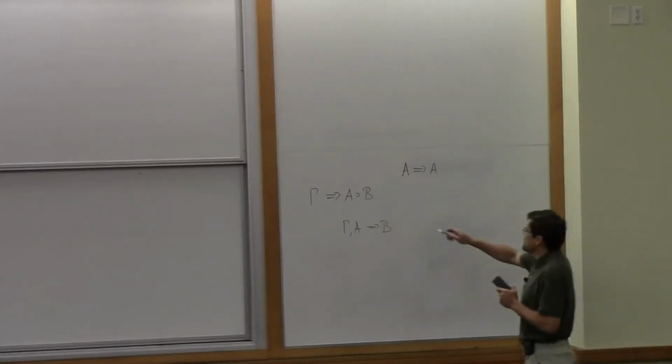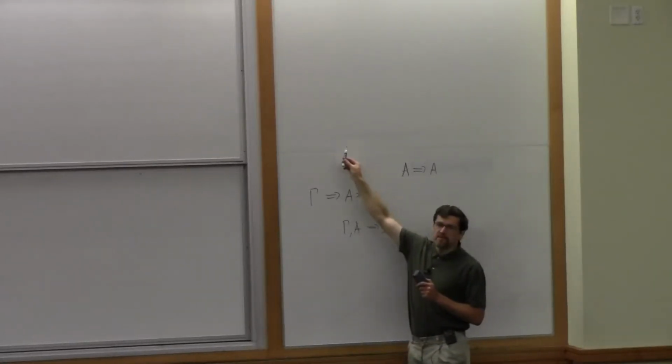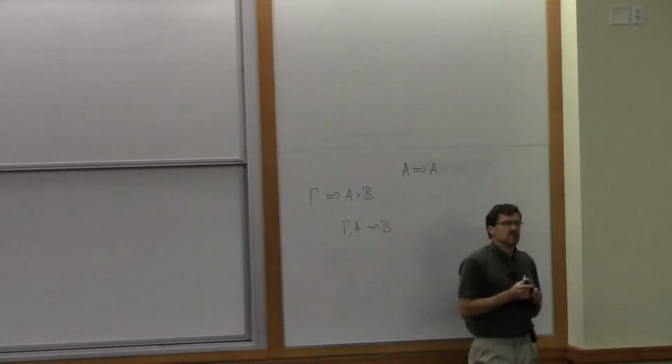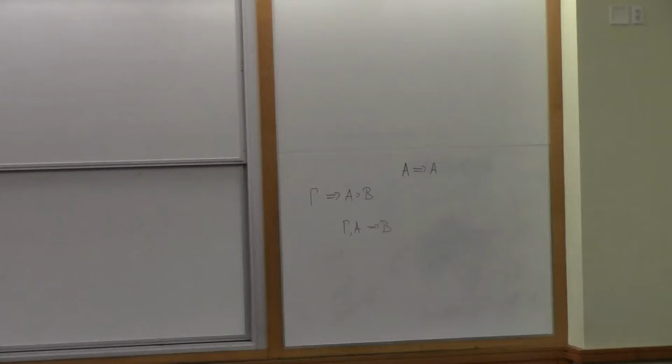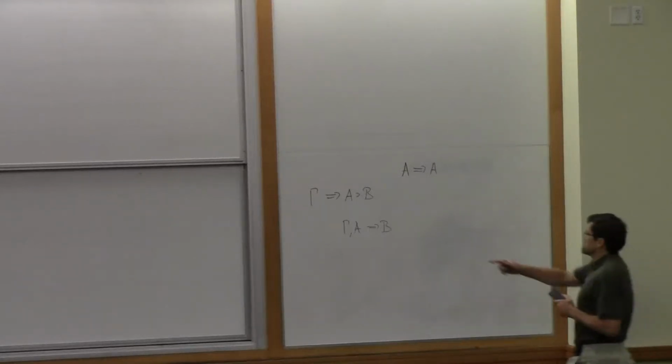Implication right here doesn't help us because it works upwards, and we need to deduce something from it. So implication right doesn't help. So we know this, we're trying to get that.